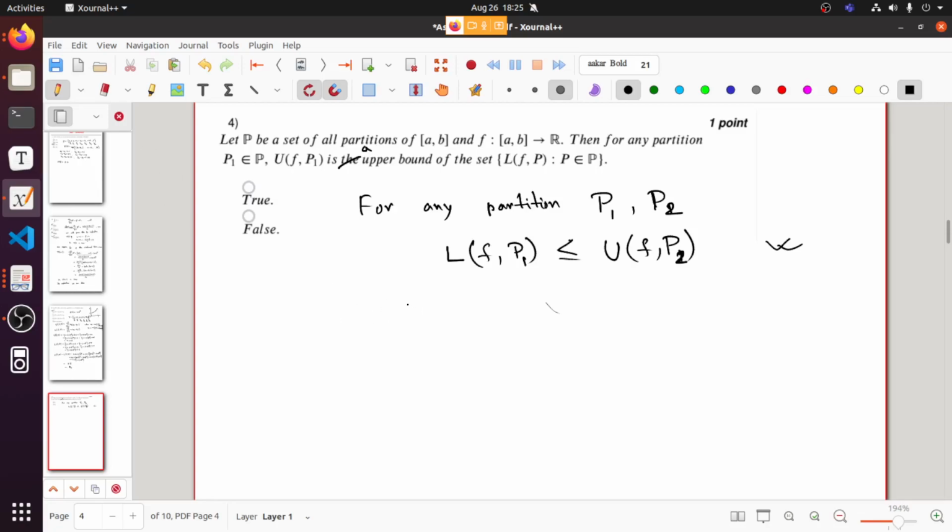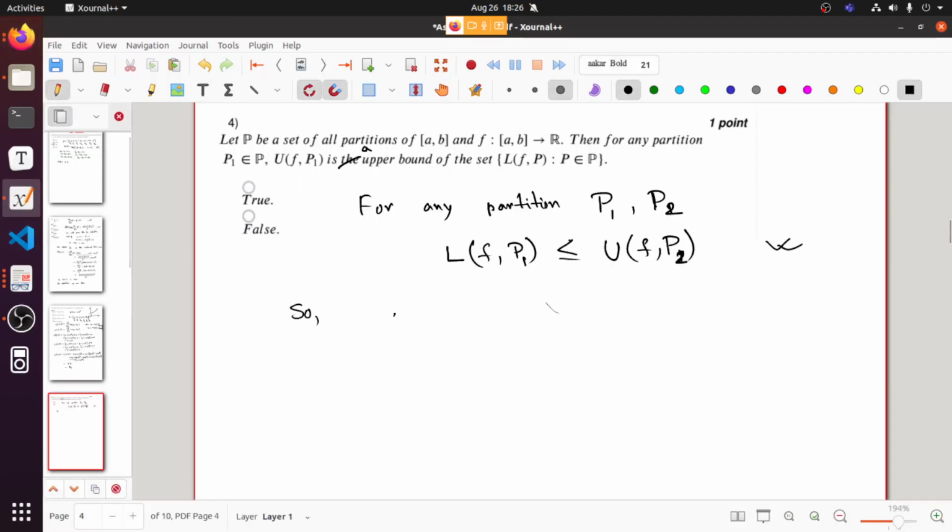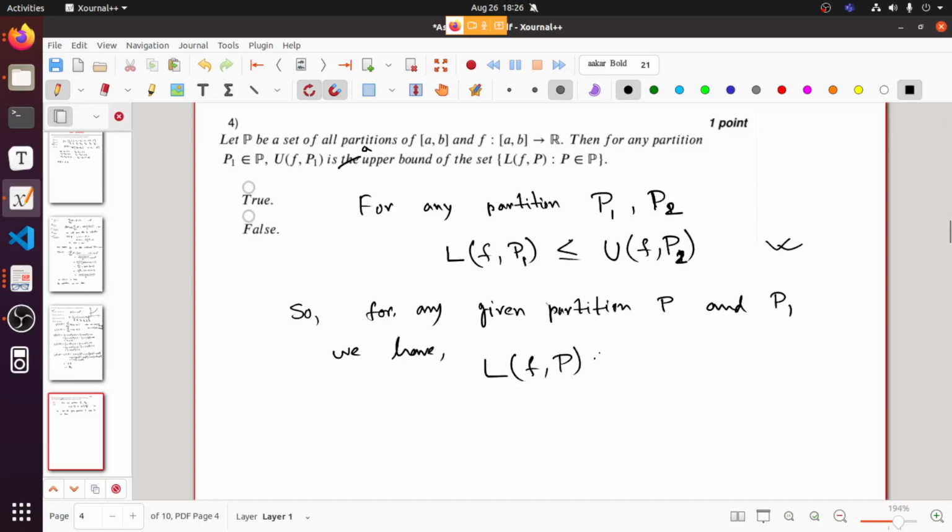So for any given partitions P and P1, we have LFP is less than or equal to UFP1, right?